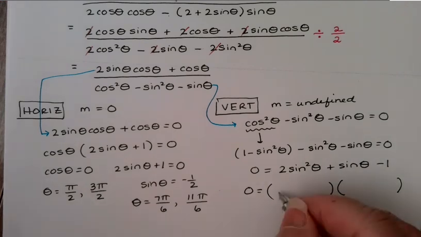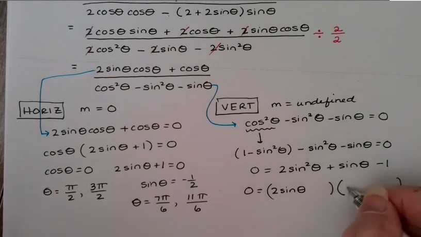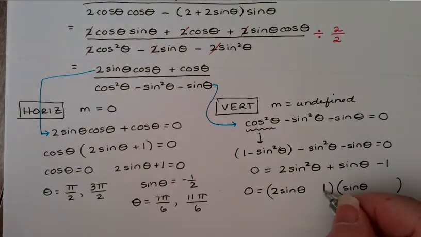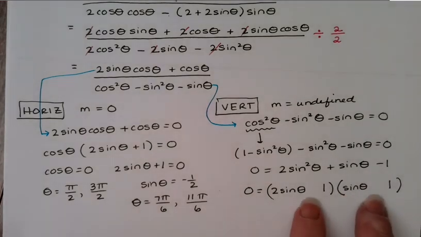2 sine squared theta is going to have to be 2 sine theta times 1 sine theta. This negative 1 is going to have to be 1 times 1. One of these is a plus and one's a minus, and I just have to figure out which is which. And let's see here. I need to get a positive sine theta in the middle.